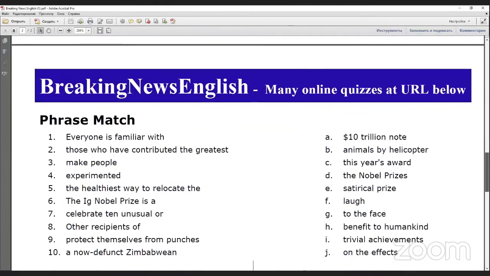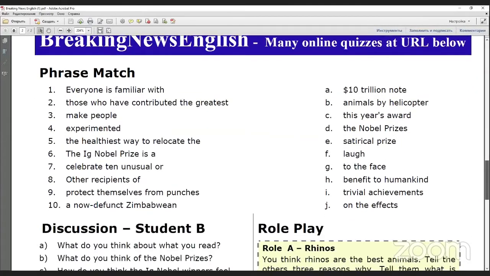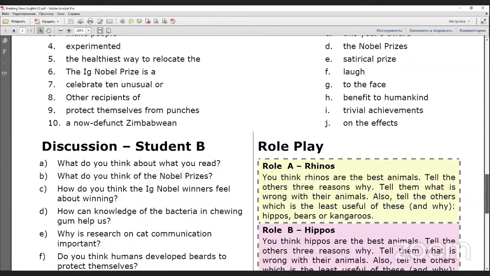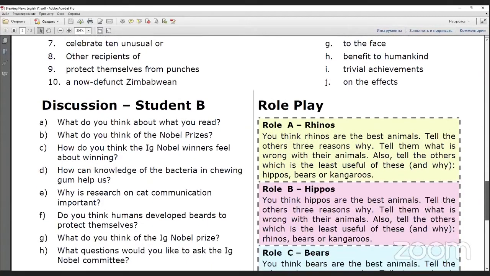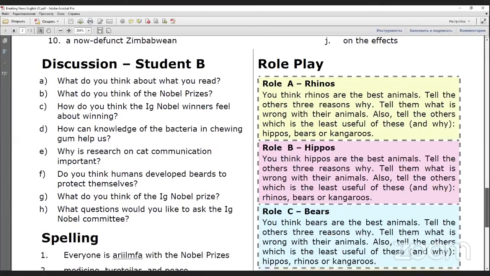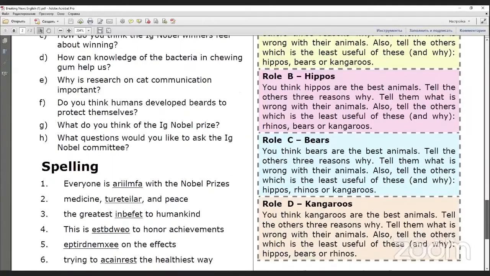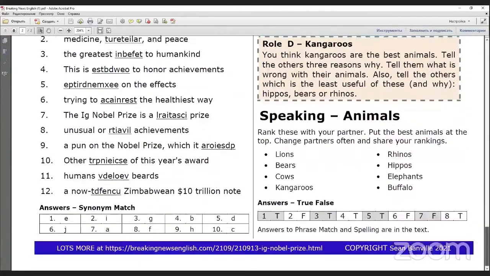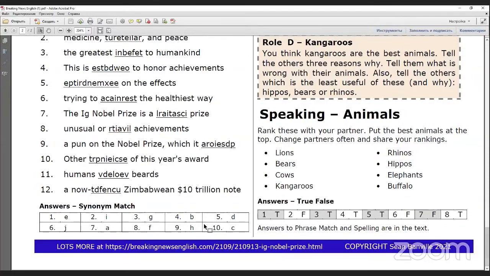So they have got also phrase matching, so role play. It's some spellings. So you can see on the very bottom, an answer key for you, so you can easily use it in your classroom.